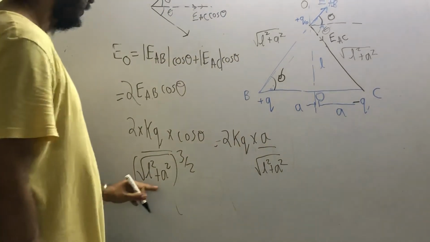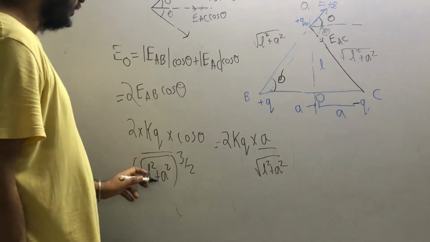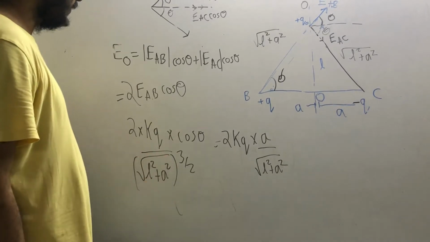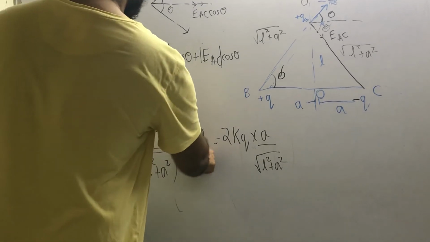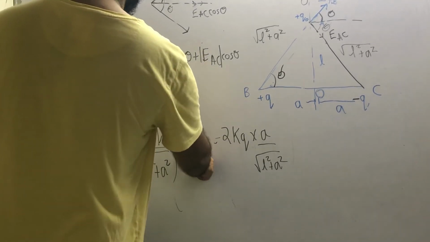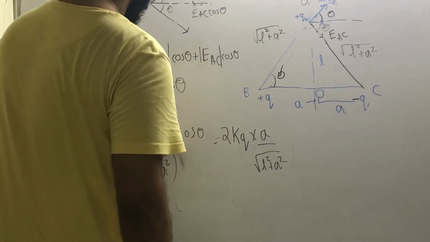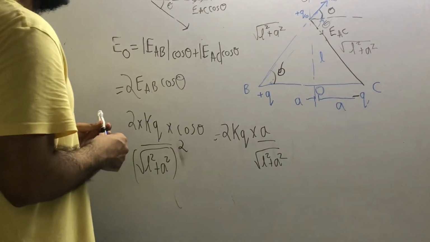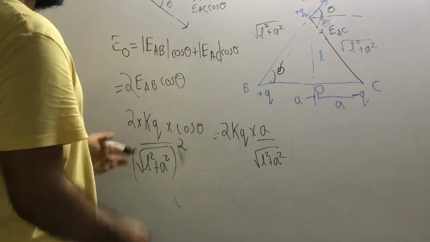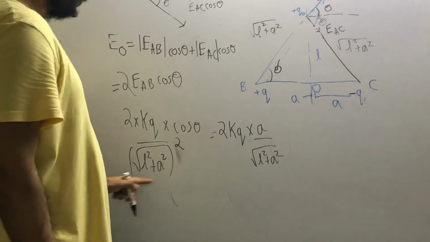So this comes out to be, and this one was 3 by 2. So 3 by 2 into 1 by 2 is the power, kq upon r square. So this will become a square.